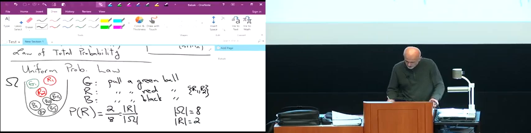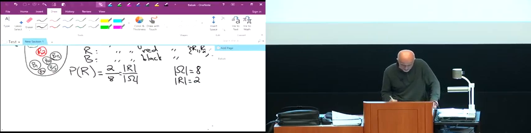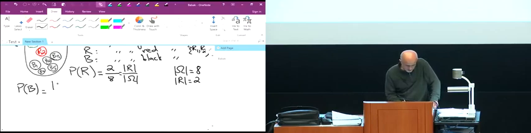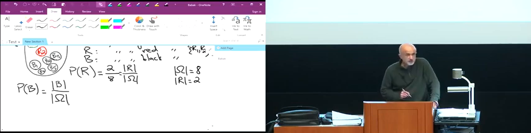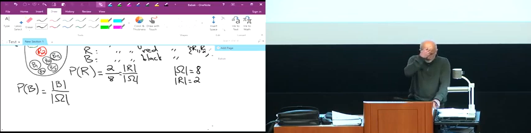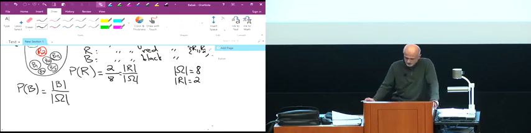And if I wanted to figure out the probability of black, I would simply say, what, Abi? Size of B over size of the sample space. Okay? So that's all there is to it.